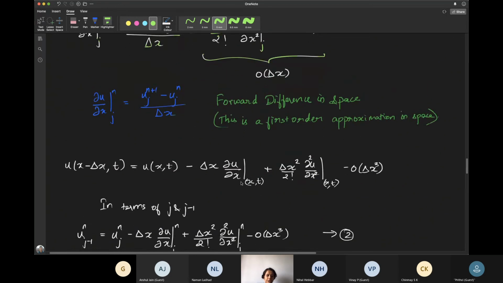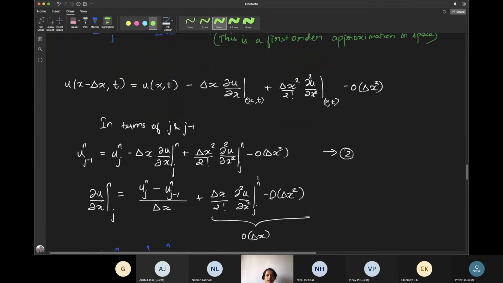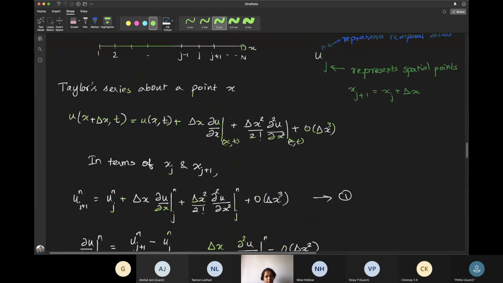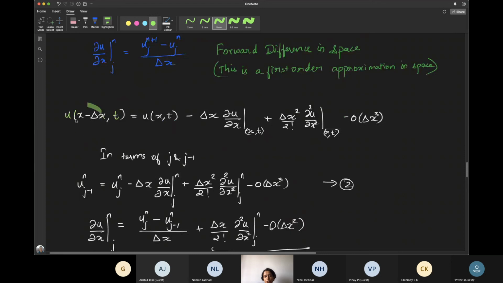So now going to backward difference, that is u of x minus delta x comma t. In the first, we expanded everything about x comma t, but we solved for u of x plus delta x. Here now we are solving for u of x minus delta x. u of j plus 1 minus u of j.